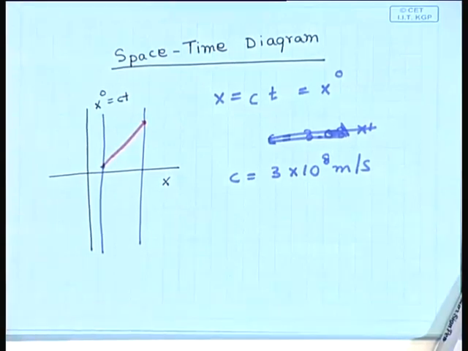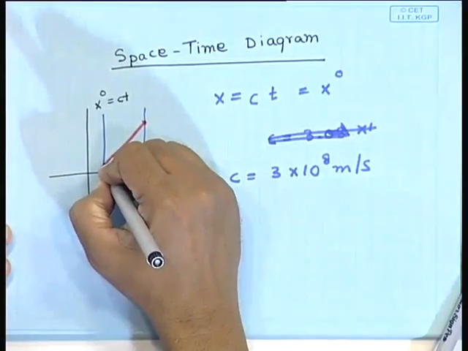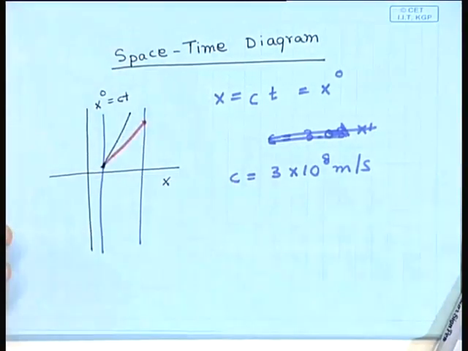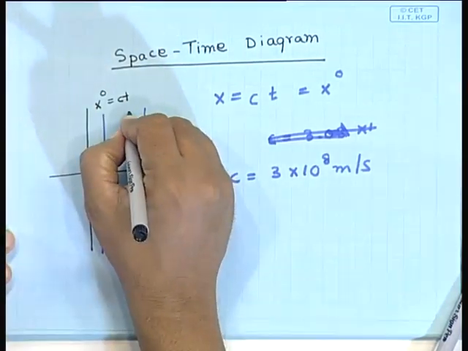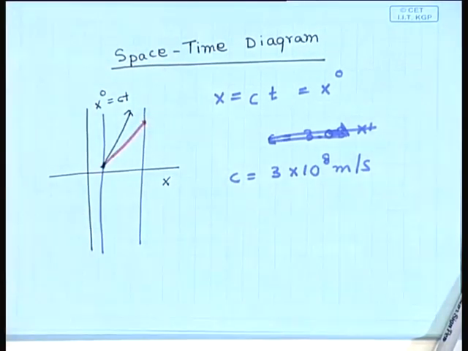Now, if another particle is moving slower than the speed of light, then its trajectory would be a line starting from the same point, let us say, but moving like this, steeper. So, the red line shows you the trajectory of a photon, and the black line shows you the trajectory of a particle which moves slower than the speed of light. Okay.